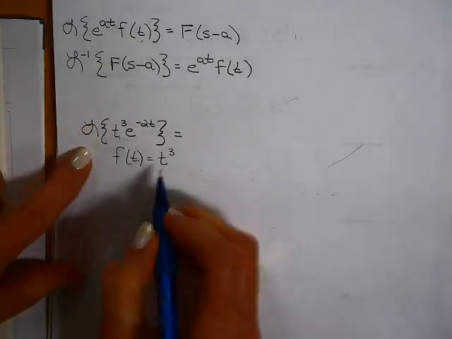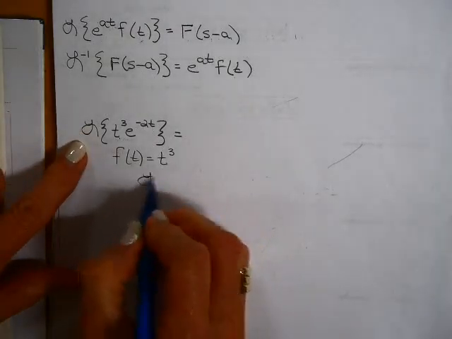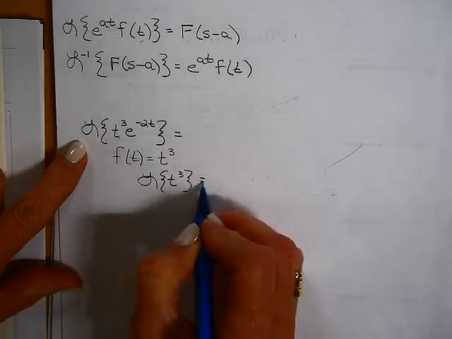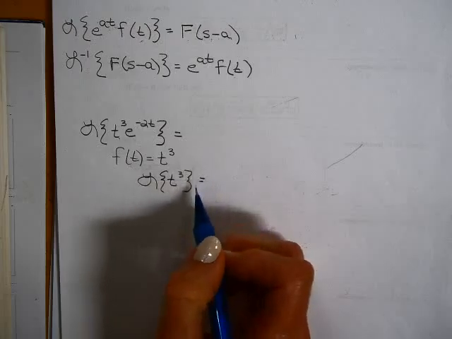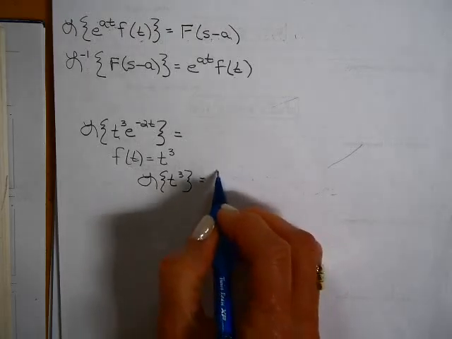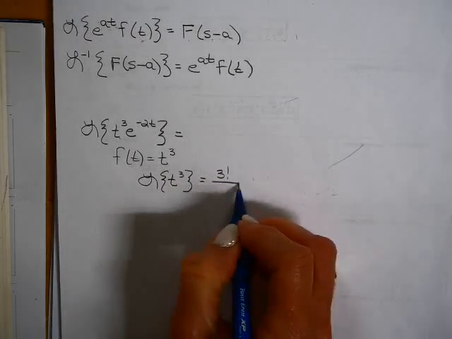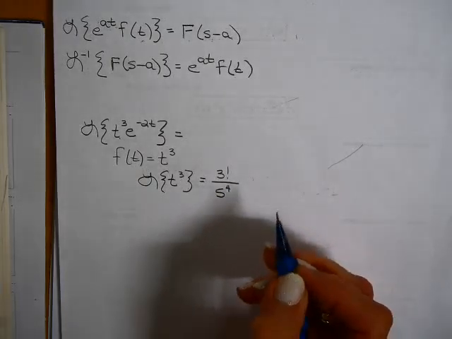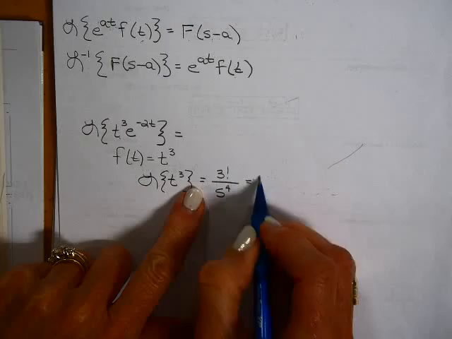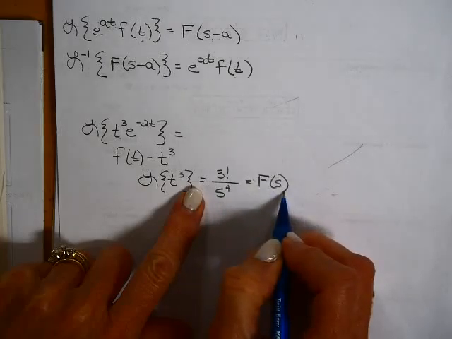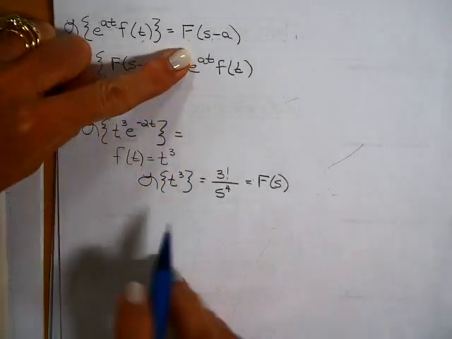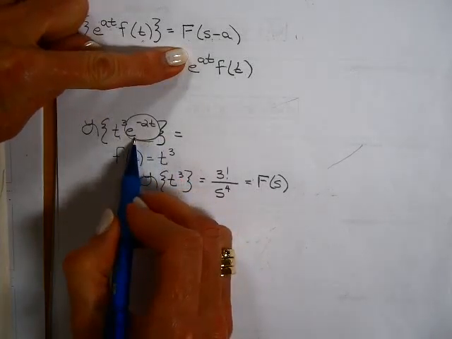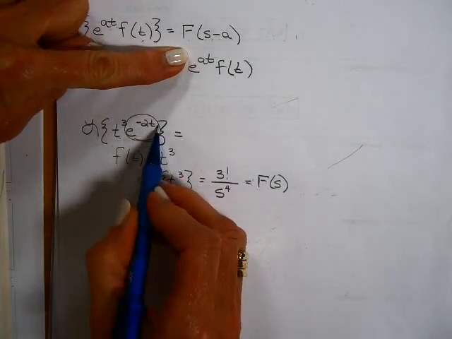So what I'm going to do is take the Laplace transform of t to the third, using my tables, which is going to be n is 3, so that's 3 factorial over s to the fourth. This is your f of s. But because there is a shift, the e to the negative 2t represents the shift.